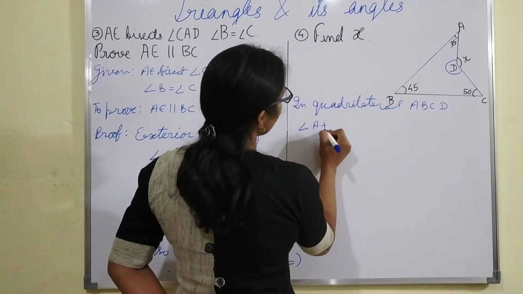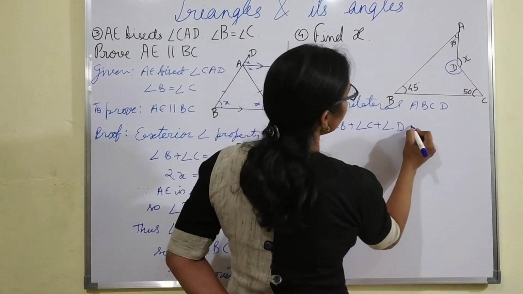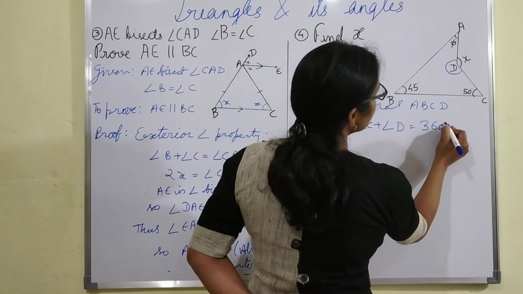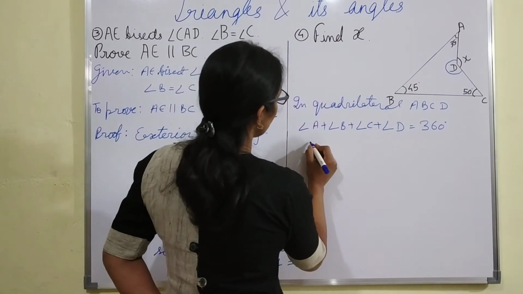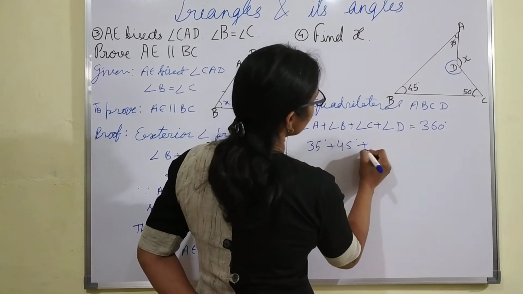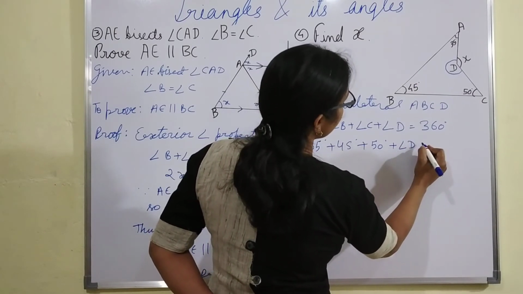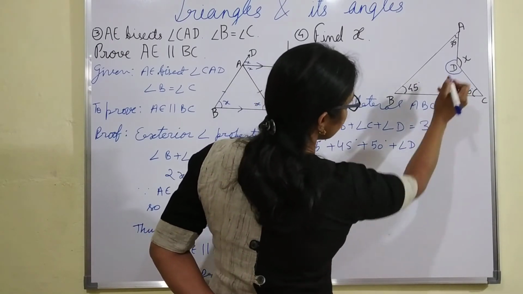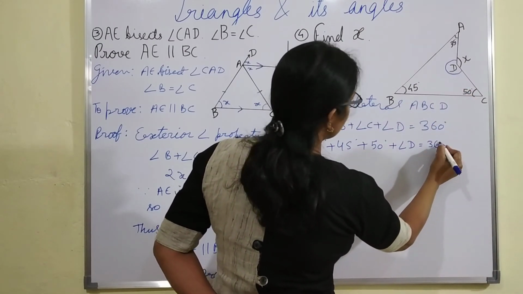angle A plus angle B plus angle C plus angle D equals 360 degree, angle sum property of quadrilateral. So 35 degree plus 45 degree plus 50 degree plus angle D, that is angle ADC, equals 360 degree.